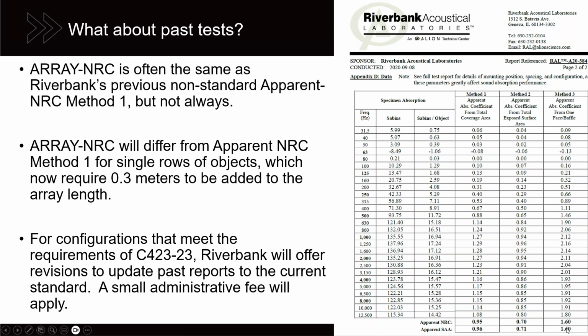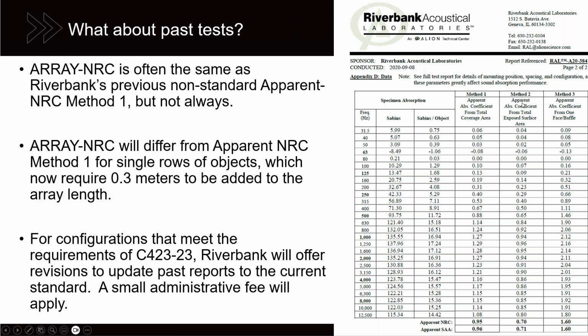So that said, you could still do these calculations on your own, because every report will give the total Sabins, and you could make calculations like this for your own engineering purposes. This method 2 approach is the absorption per square foot calculated from the total exposed surface area.